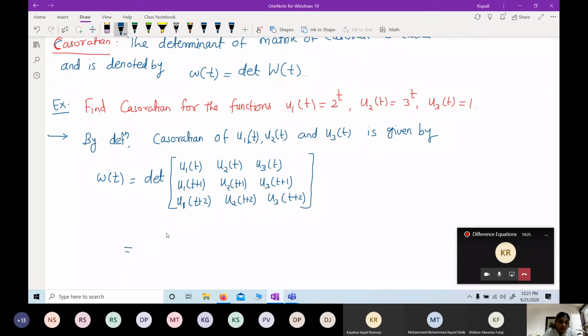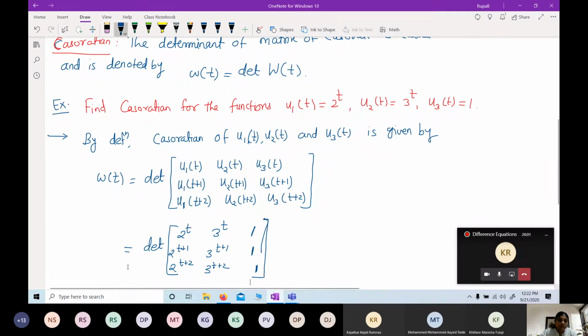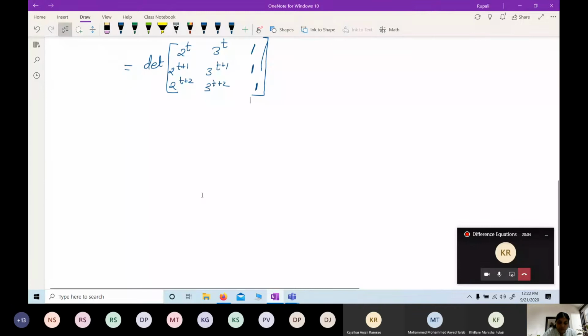Yes. So if I take the determinant of this matrix, the rows are 2^t, 3^t, 1; then 2^(t+1), 3^(t+1), 1; and 2^(t+2), 3^(t+2), 1. Now can you find the determinant?